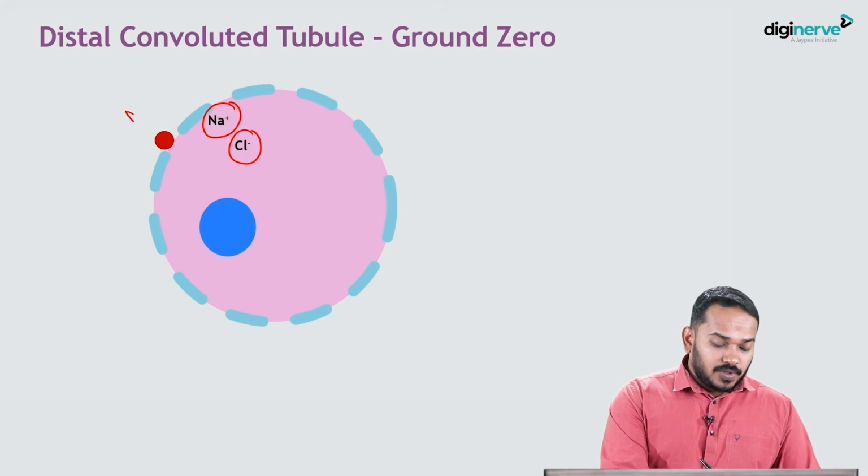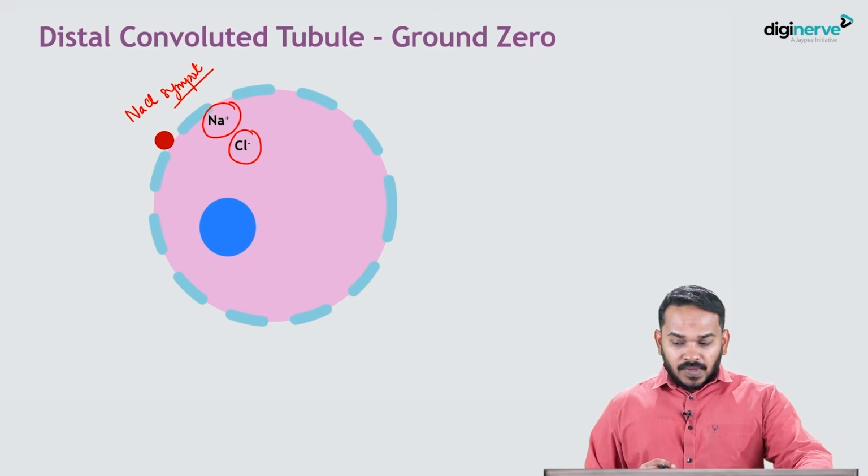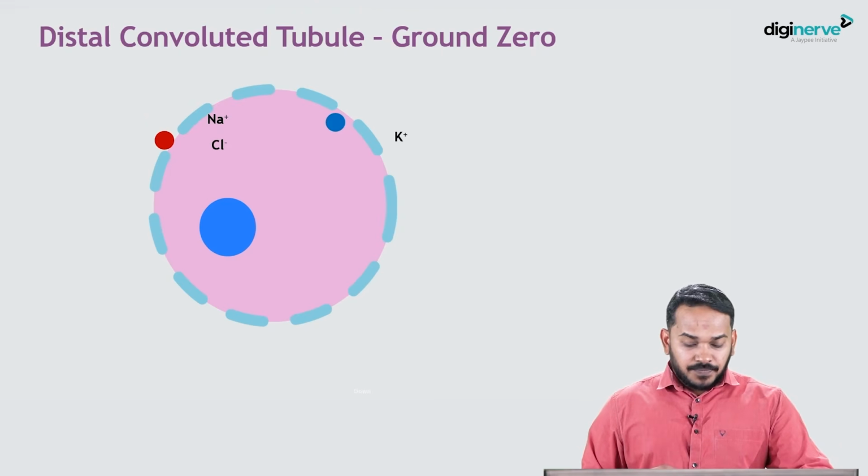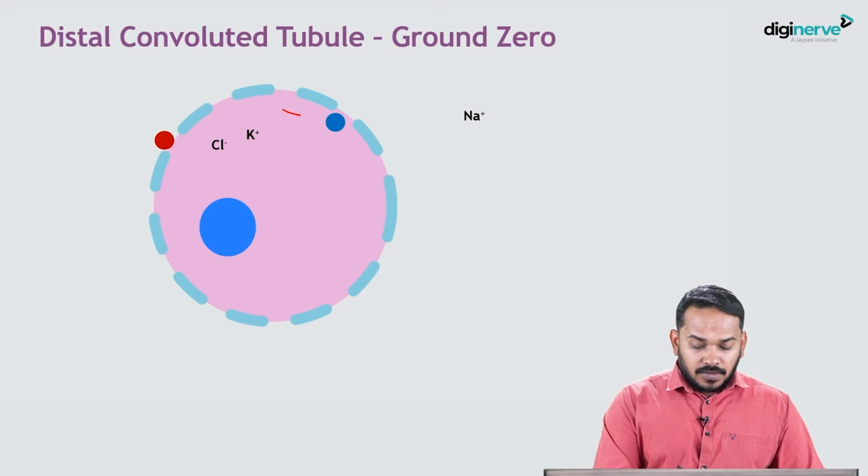So these transporters are called sodium chloride symport because these transporters transport sodium and chloride in the same direction. So the reabsorbed sodium is exchanged for potassium ions.